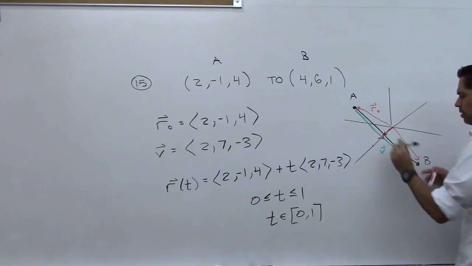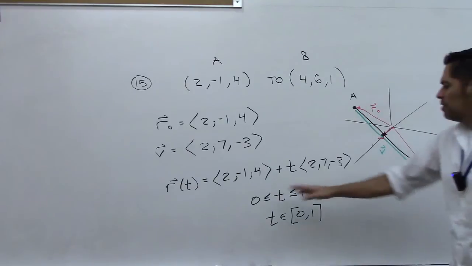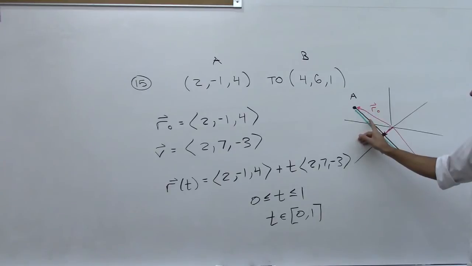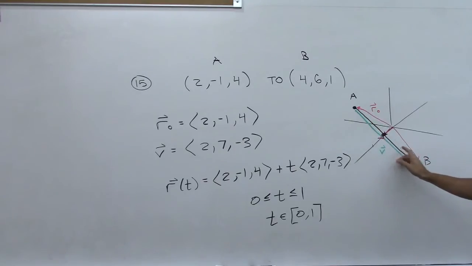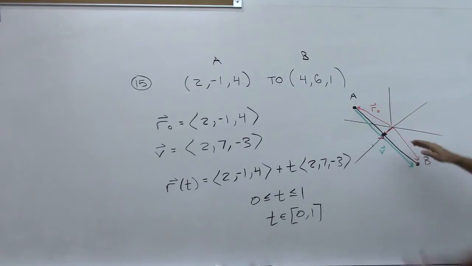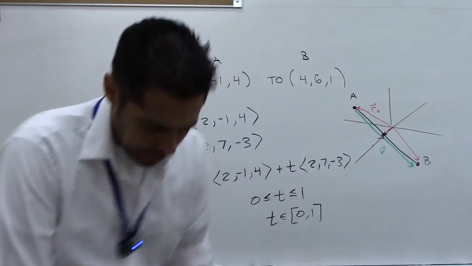Ooh, line segment right there. So you can kind of see that, if t was 0, you're here. If t is 1, you're here. If t is 1/2, you're here. If t is 1/4, you're going to be here. If t is 3/4, you're going to be here. And if t is everything between 0 and 1, it's going to draw the entire segment, but nothing further. All right, that's 15.